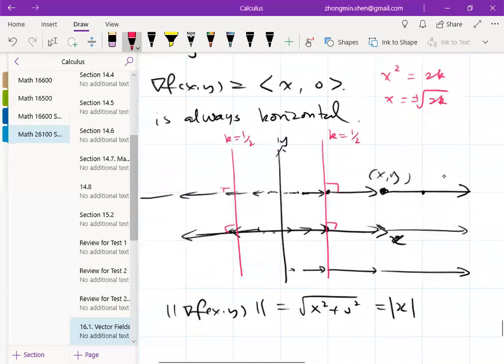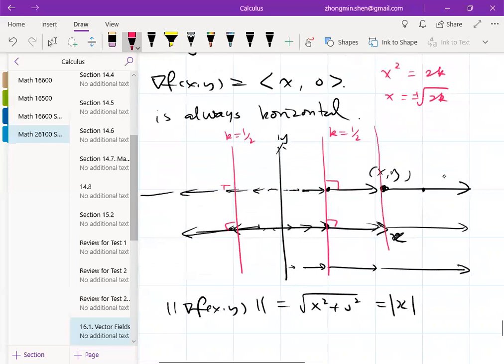Okay, another one here is when k equals 2, for example, then x is going to be plus or minus 2. Yeah, this is the point 2. Here's 1. It's 0. It's negative 1. Okay.